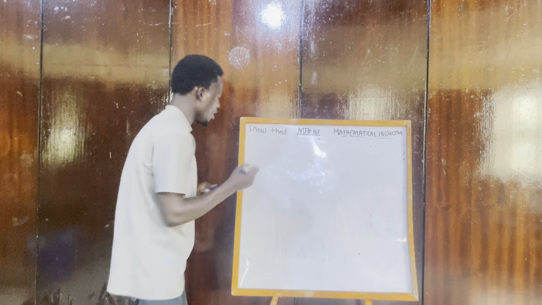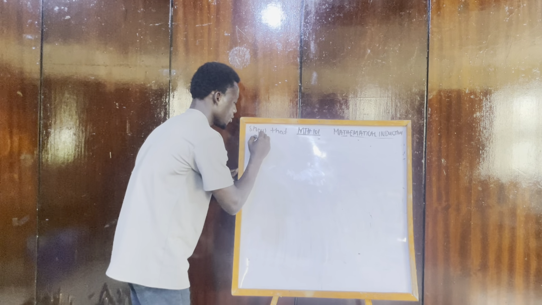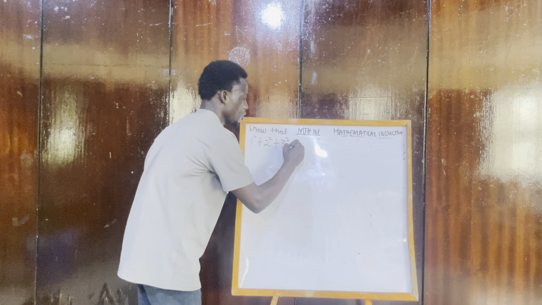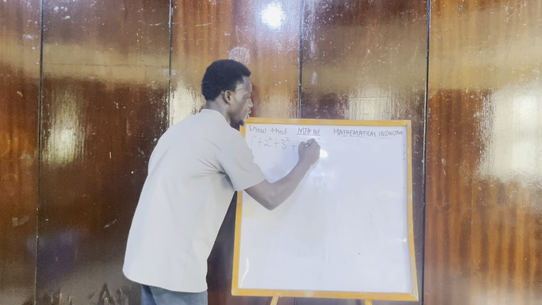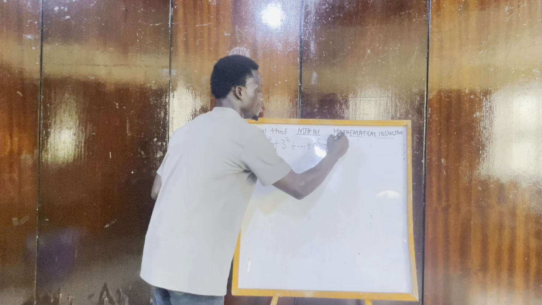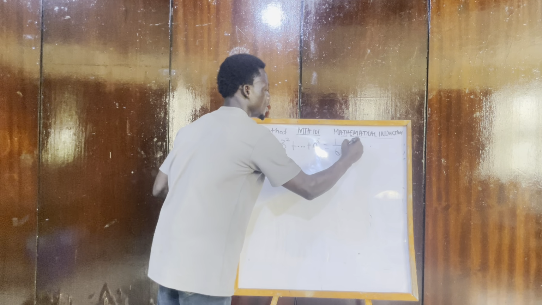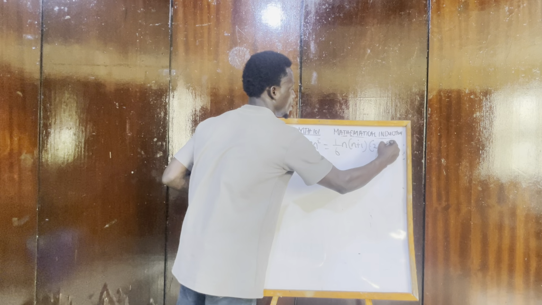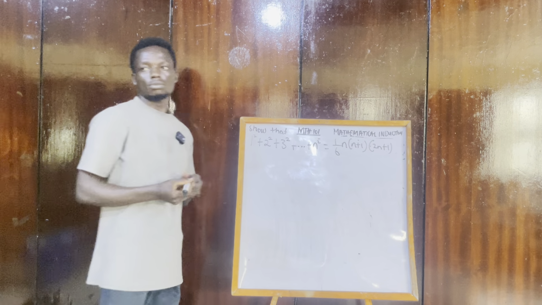So now let's say we have 1 square plus 2 square plus 3 square plus dot dot dot plus n square equals 1 over 6 n into n plus 1 into 2n plus 1.